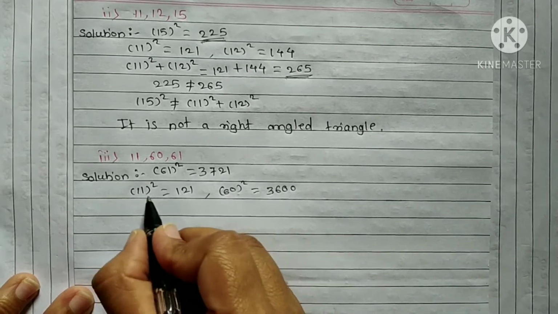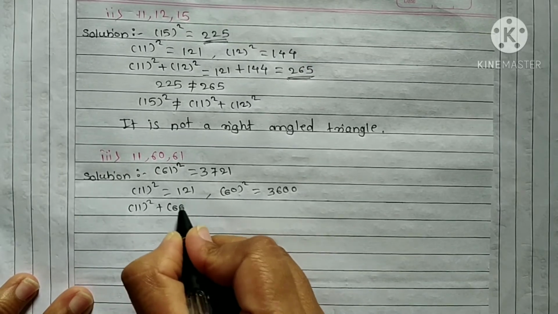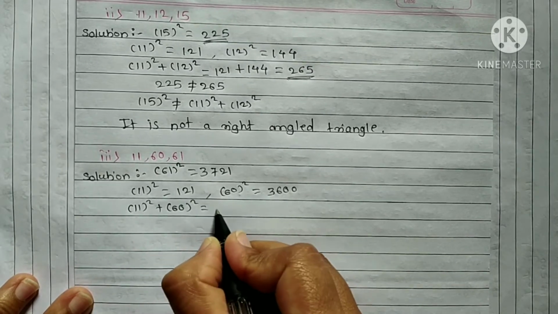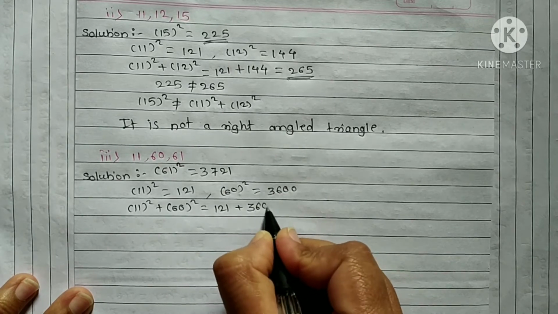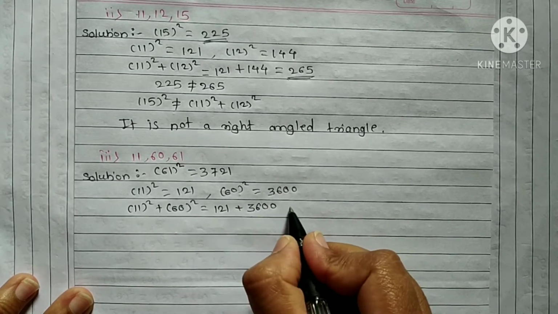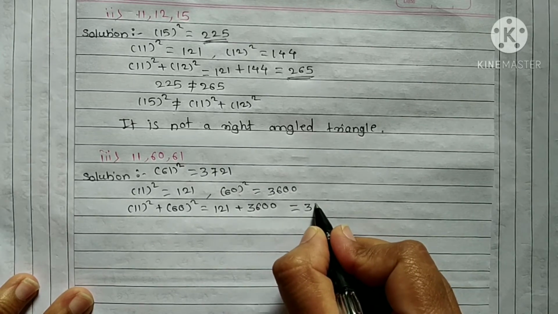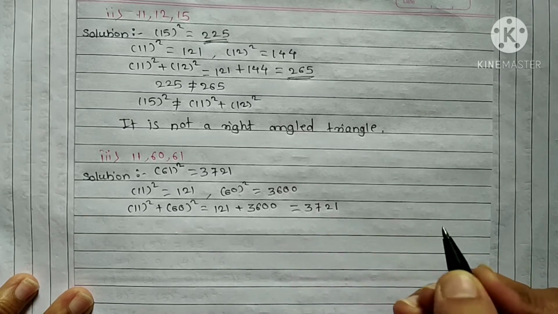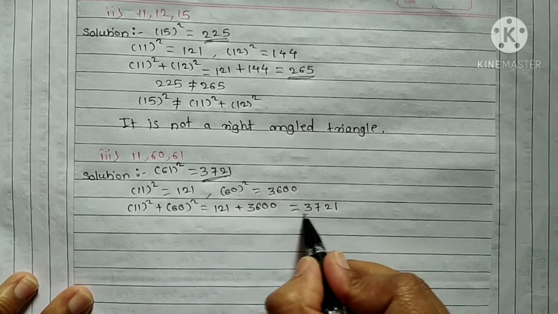Now add these two numbers, that is 11 square plus 60 square, which is 121 plus 3600. After addition you get 3721. Now see the right hand side of these two expressions.